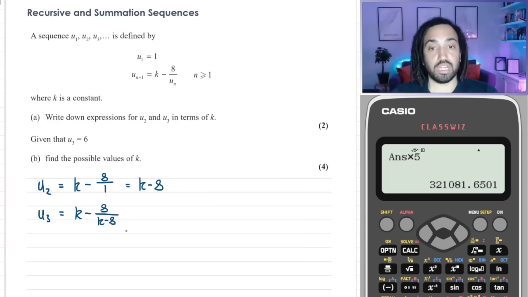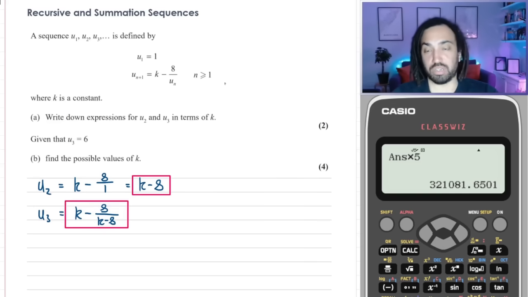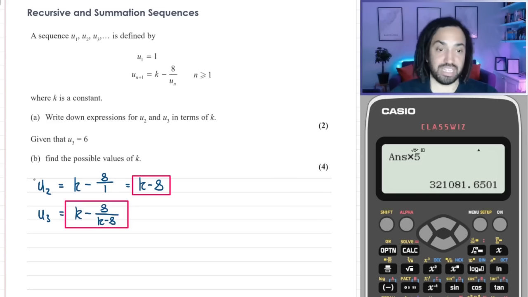It would probably be an idea to simplify that, but they don't actually ask us to simplify it, so I'm just going to leave it like that. You're just going to run the risk of making a mistake if you end up simplifying it. I think you probably get the mark if you've written it out correctly and then try to simplify and get it wrong, but who knows.